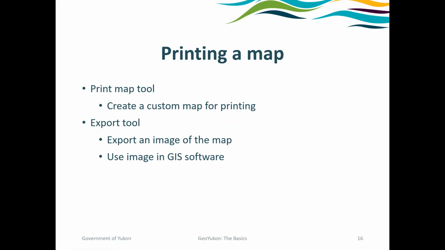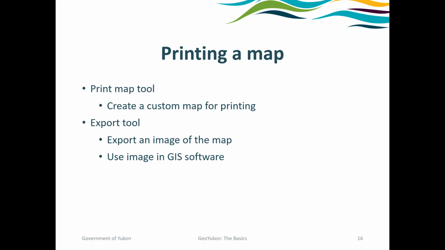All right, we're getting towards the end of this training session. There's one last thing I wanted to touch on because I think it's a common tool that people are using in GeoYukon, and that is printing a custom map.